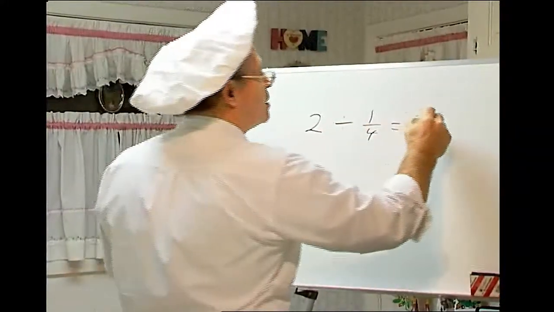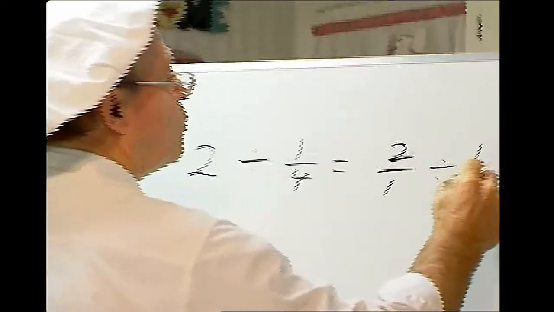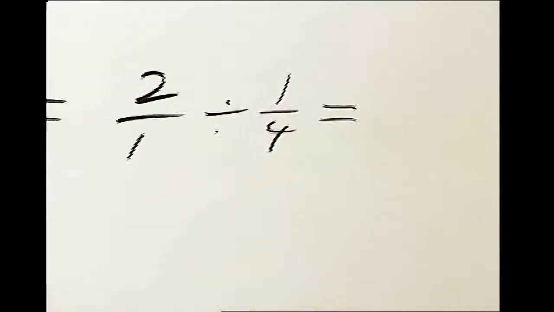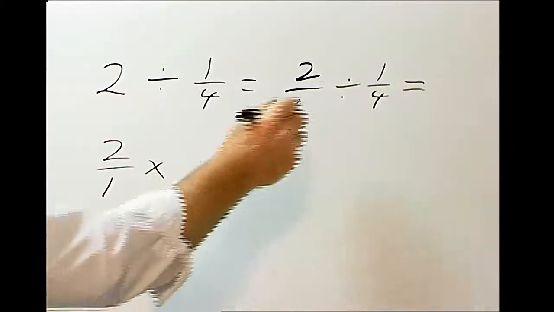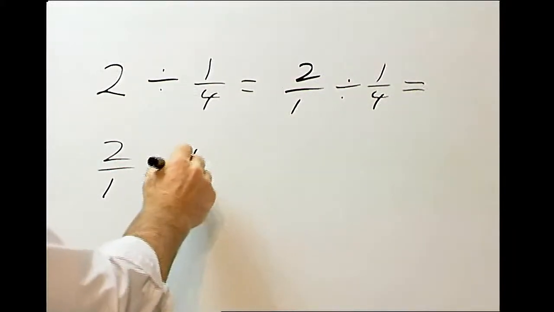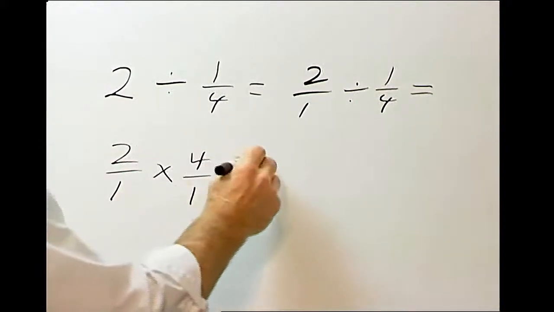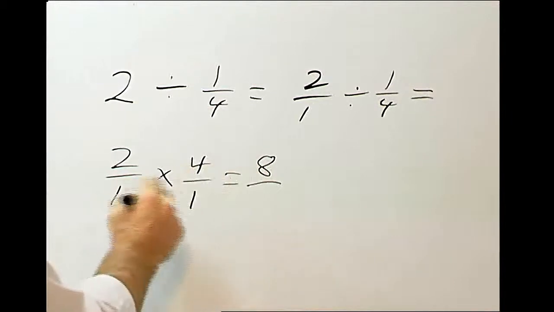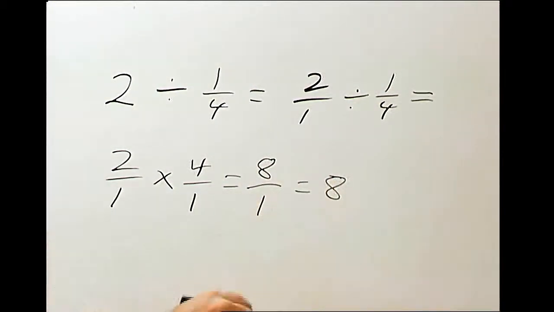So let's do the math. 2 over 1 divided by 1/4 equals, now we'll write the problem here, make it multiplying, invert, 4 over 1 equals, 2 times 4 is 8, 1 times 1 is 1, equals 8.